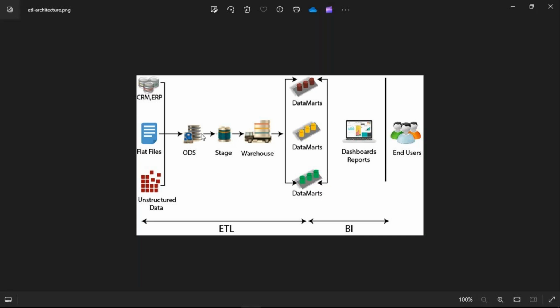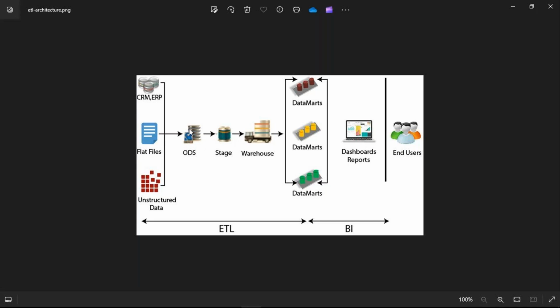ODS is optional. It is not required in each and every ETL process. Some organizations use an ODS, some do not. Small organizations usually pull data directly from flat files or such sources to the stage.